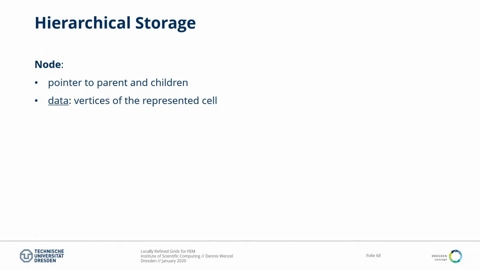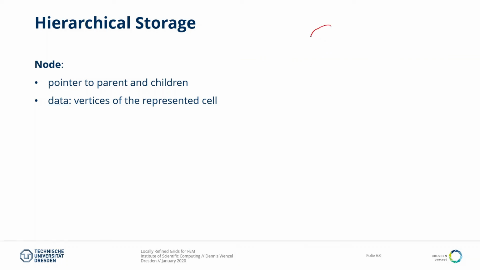So what are our nodes? Just like in every binary tree, every node has a pointer to parent and children. And the data is the vertices of one represented cell. So in every node, I am storing the vertices of the cell that I'm representing.